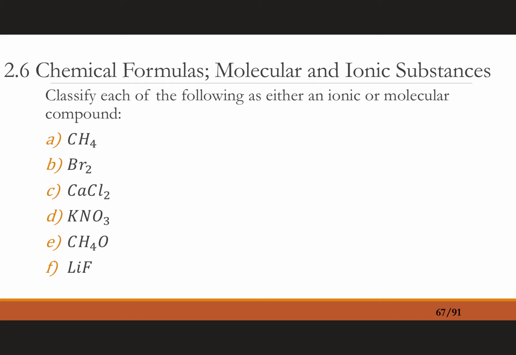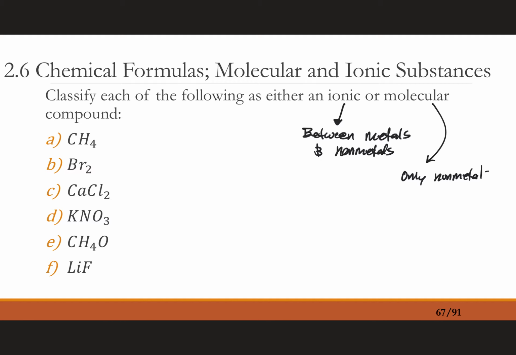Here are some examples of compounds. Identify whether they are ionic or molecular. First of all, I haven't mentioned that ionic compounds will exist between, typically, metals and nonmetals, while molecular compounds will be only nonmetals.